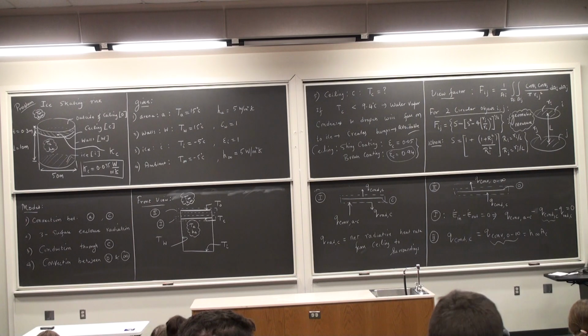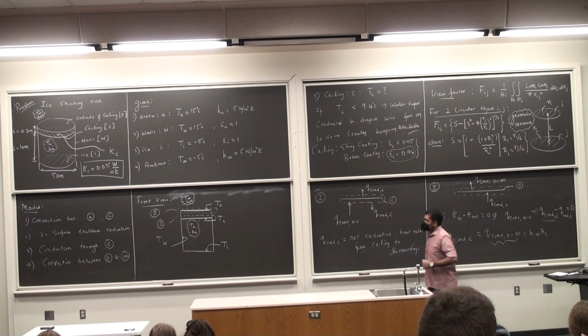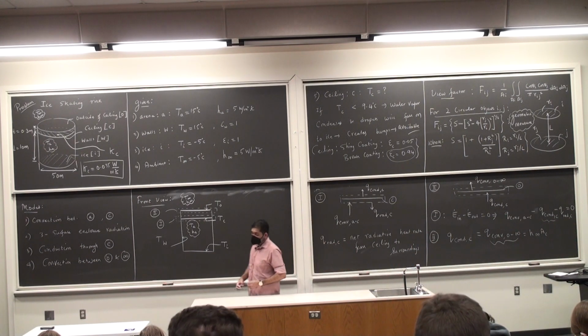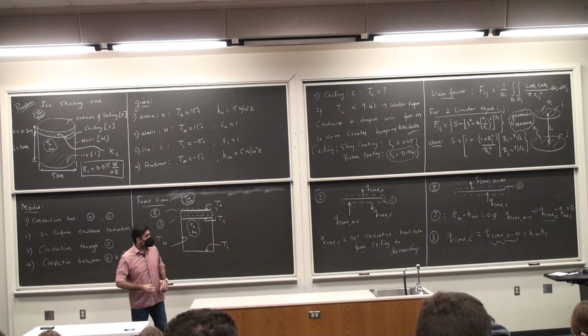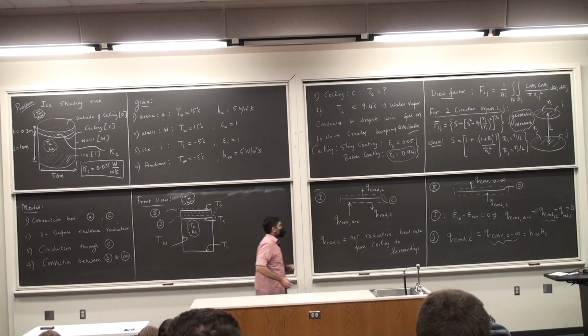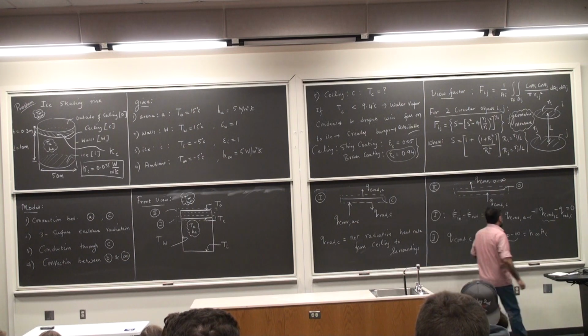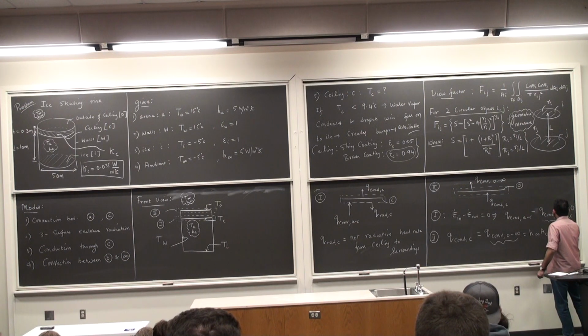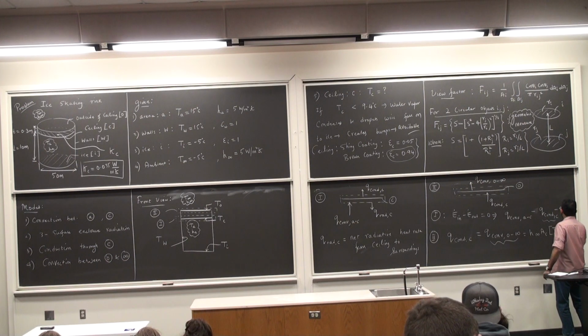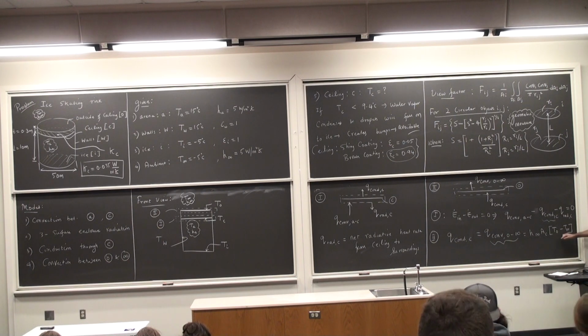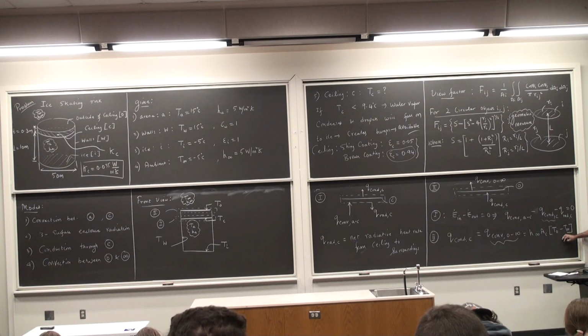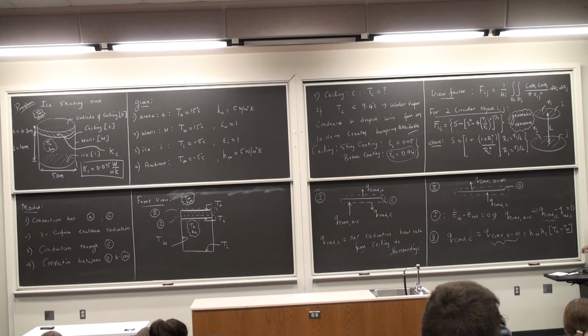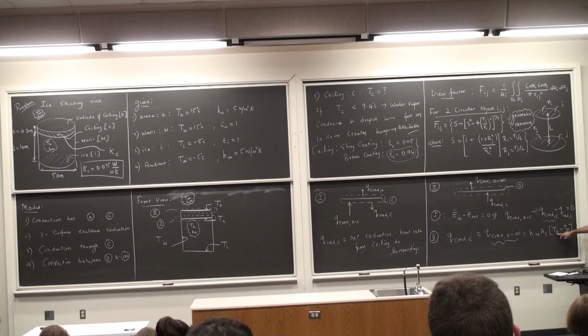The top and the bottom surface have the same area, and that is just the surface area of a circle, pi r square, radius being 25 meters. So H times A times delta T, which is TO minus T infinity. Does this make sense to everybody? Obviously this is not a good idea because I don't know TO. I'm not given that temperature.